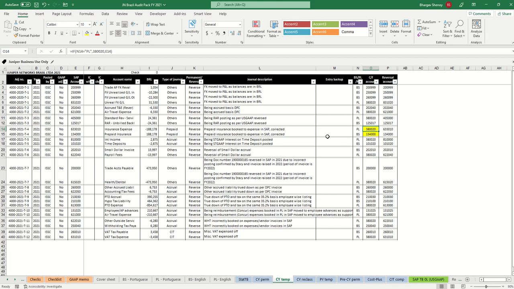in the opening balance of 2022. And then this prepaid was not more than 6 months, so we amortize it in 2022. At that time what happens is we debit the P&L in 2022, and then we credit the prepaid.